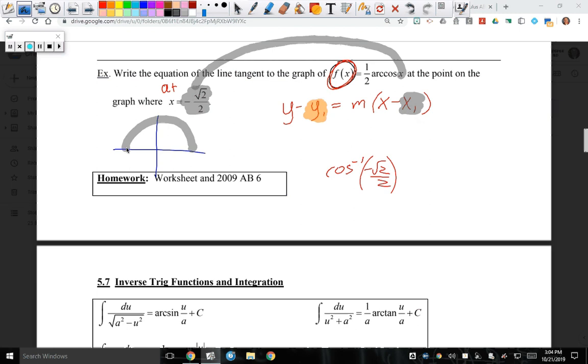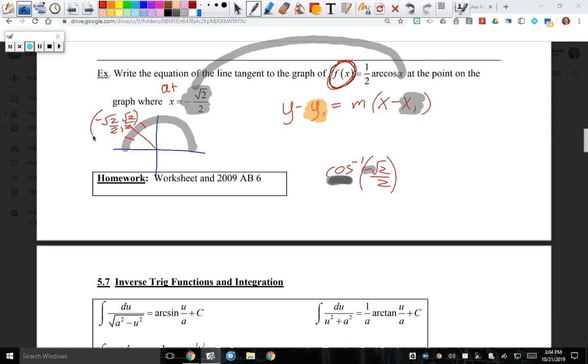So now I've got to look at these two quadrants and figure out when the x value, because it's cosine, is negative root 2 over 2. 3 pi over 4. Right here is where it's negative root 2 over 2. The x value. Okay?